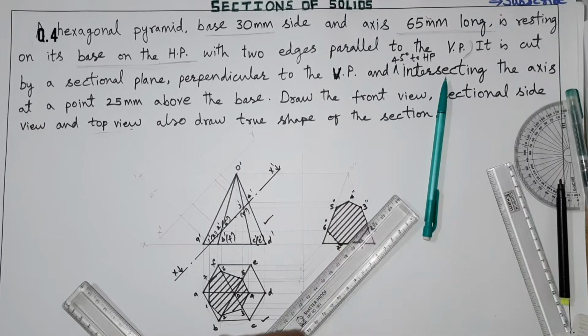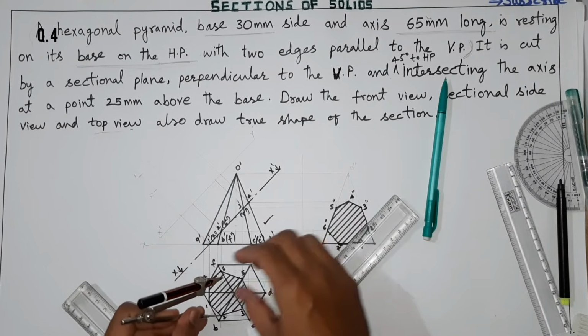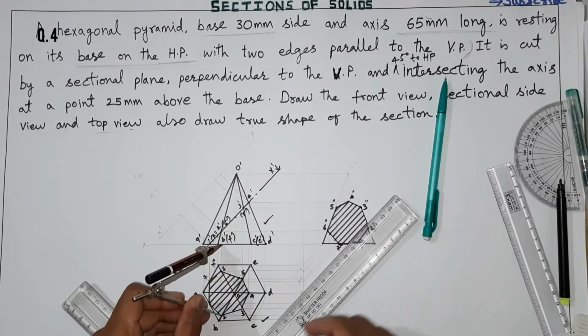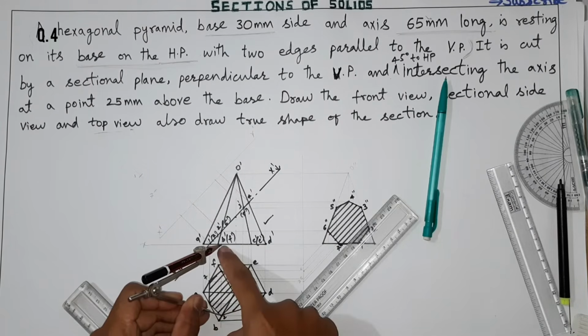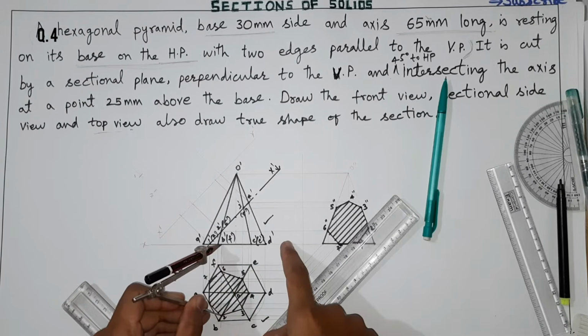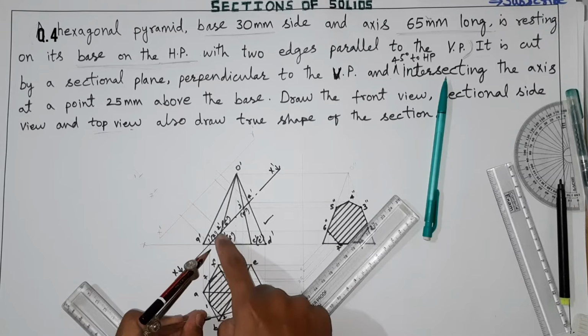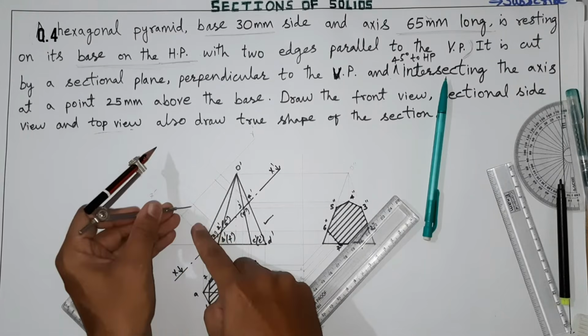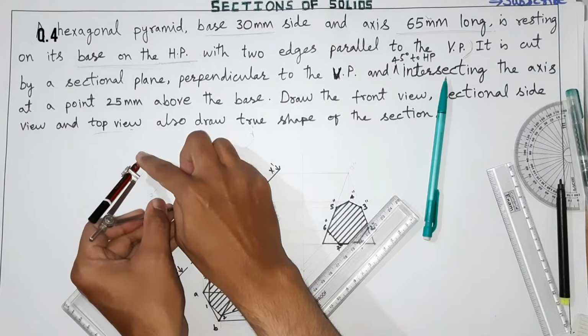Like that you have to measure point number 2 with respect to the old xy line. This is the distance of point 2. Vertically you have to measure this projector length with respect to the old xy line, and you continue this from point 2, it is going like this. So from here, the new xy line, you transfer point number 2.